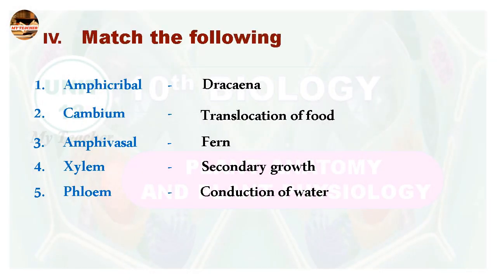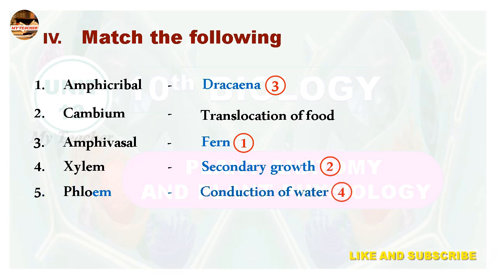Match the following. Amphicribal. Answer is fern. Cambium, secondary growth. Amphivasal, Dracaena. Xylem, conduction of water. Phloem, translocation of food.